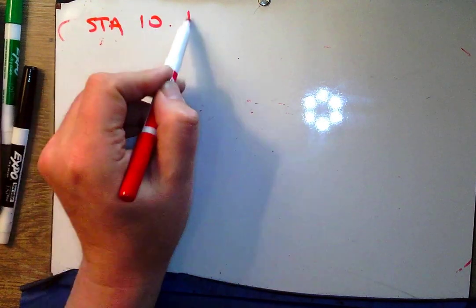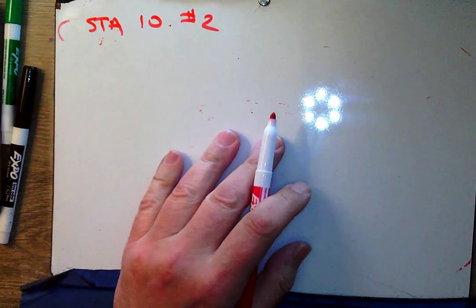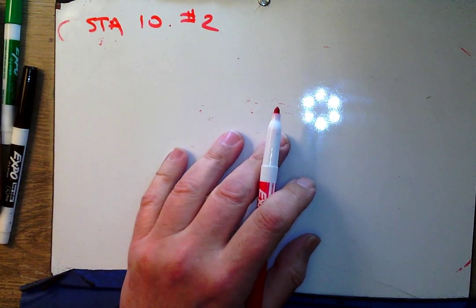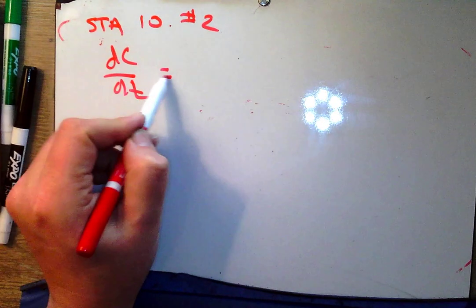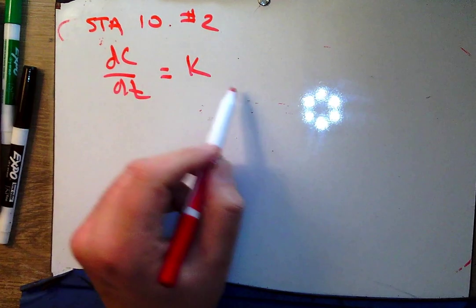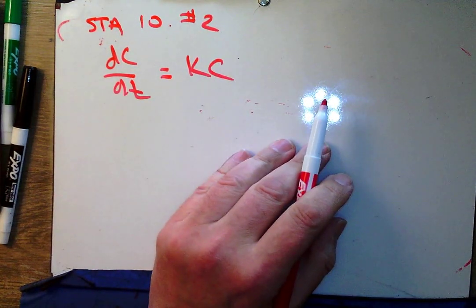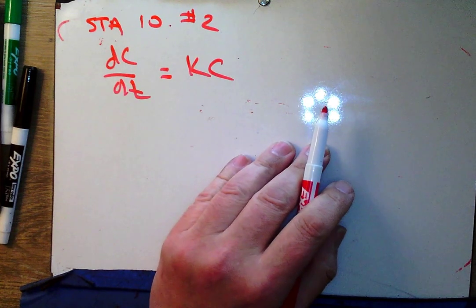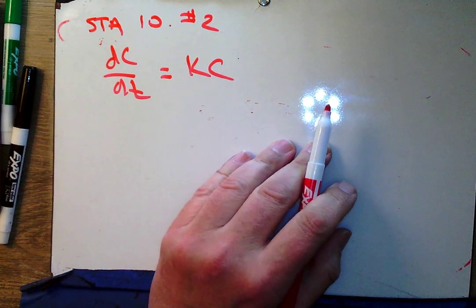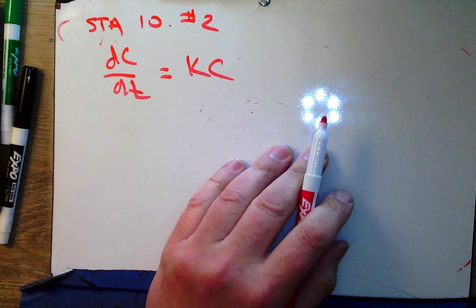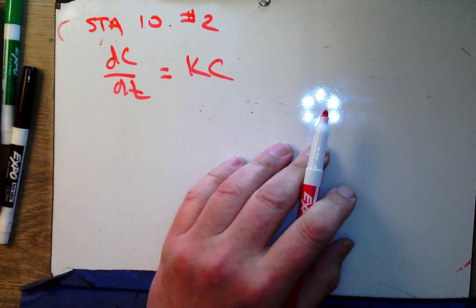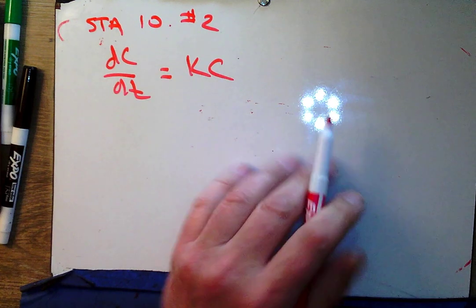Okay, Station 10, problem number 2. Coumadin, the rate at which dC/dt is proportional to the amount of Coumadin in your body. When will only 8% of the original amount remain, if humans generally process half the drug in 40 hours?